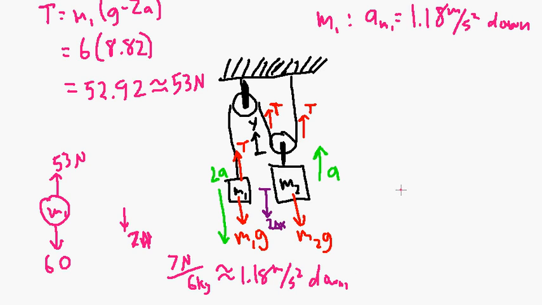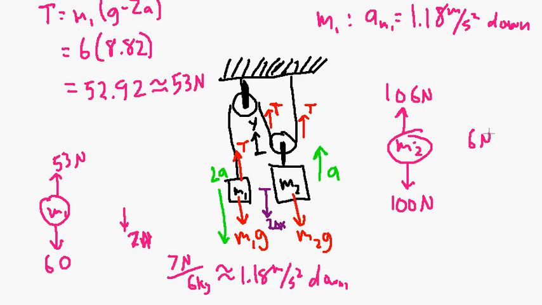I'll buy that. And then on M2, we had 2 of these tensions, so we had 106 newtons going up, and going down we had 100 newtons, which means we had roughly 6 newtons up as our net. 6 newtons divided by 10 kilograms equals 0.6 meters per second squared up, and that is also what we had for mass 2.